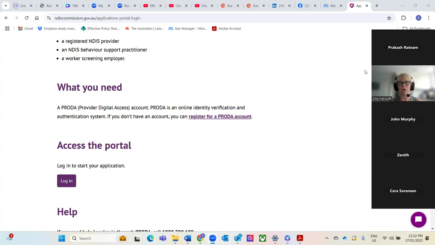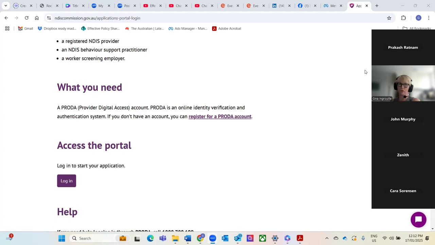When you log in via PRODA, you have squares that are the taxation department or NDIS website or the commission's website. So you have a variety of tiles to choose from.